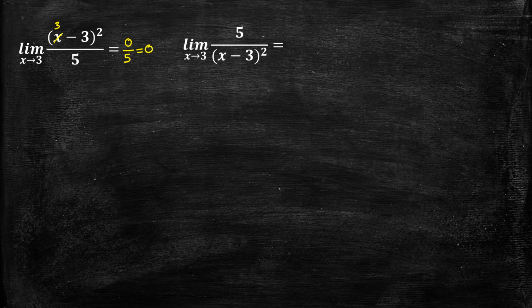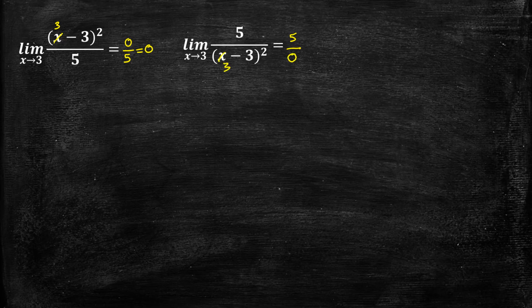Let's start with a couple of warm-up limits, ones that we've met before. For this limit as x goes to 3, if we plug 3 in there, we get 0 over 5 equals 0. That's pretty straightforward. If we plug in 3 here, we get 5 over 0.